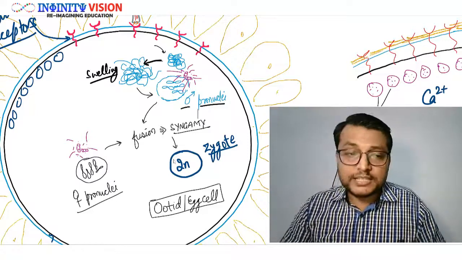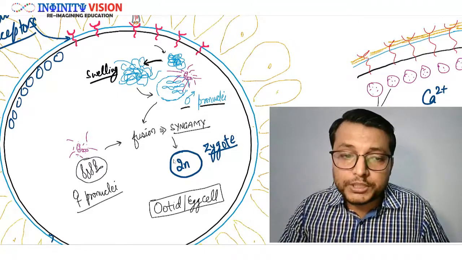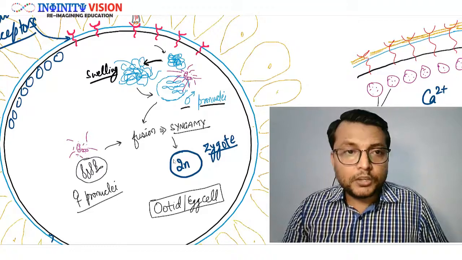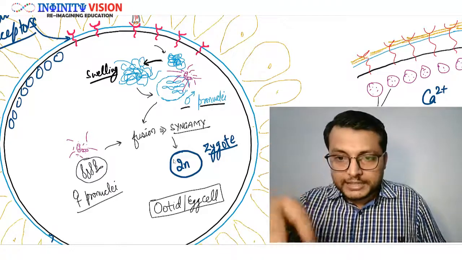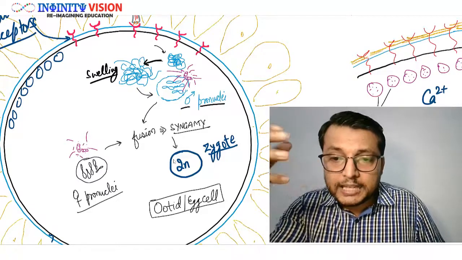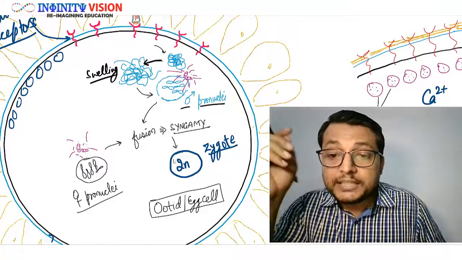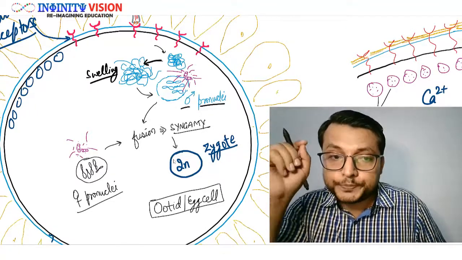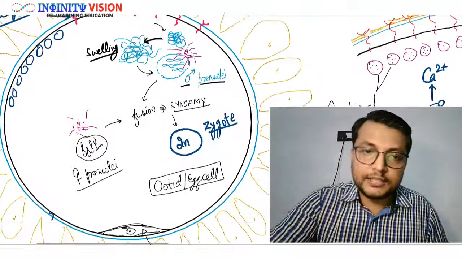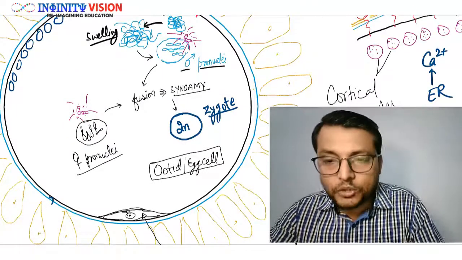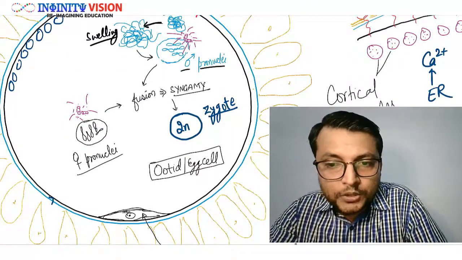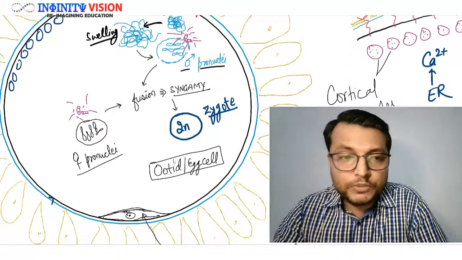This extra centriole will go to the secondary oocyte and help it to complete its meiosis 2. Now as a result of completion of meiosis 2, what will happen? 2 cells will be formed.